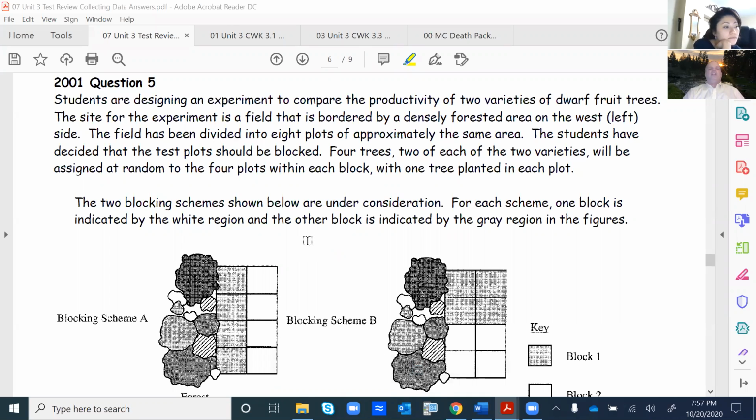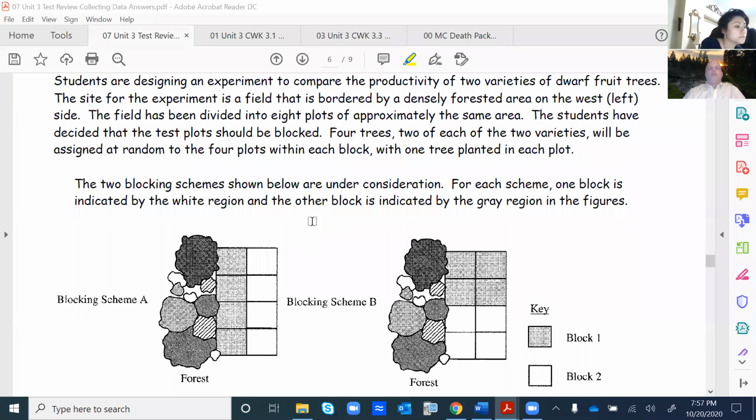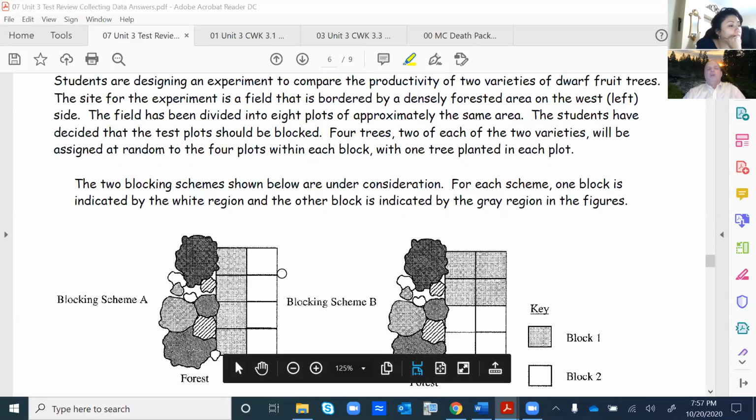The students have decided that the test plots should be blocked. 4 trees, 2 of each of the 2 varieties, will be assigned at random to the 4 plots within each block. So we're going to put 4 trees here and 4 trees here. All right?